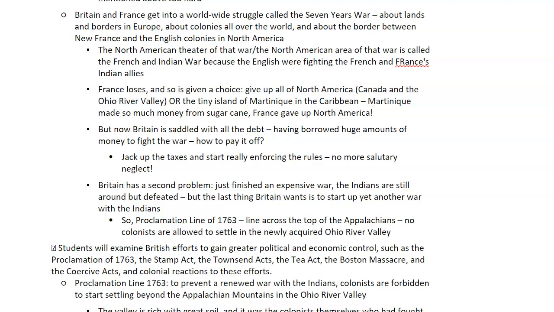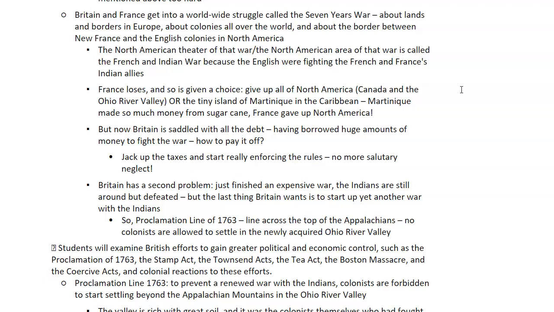It was the whole world. The part of it that took place here in North America was called the French and Indian War, because the French made an alliance with some of the Indian tribes, and because the English were fighting French and Indians, they call it the French and Indian War.